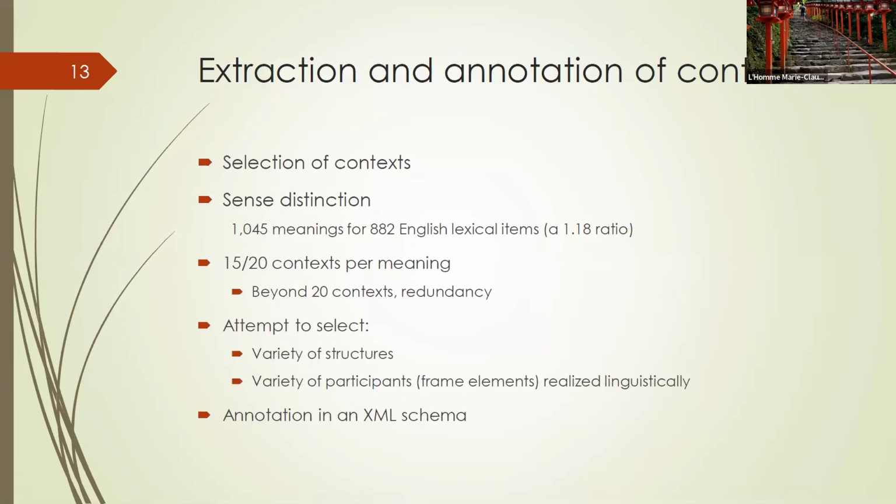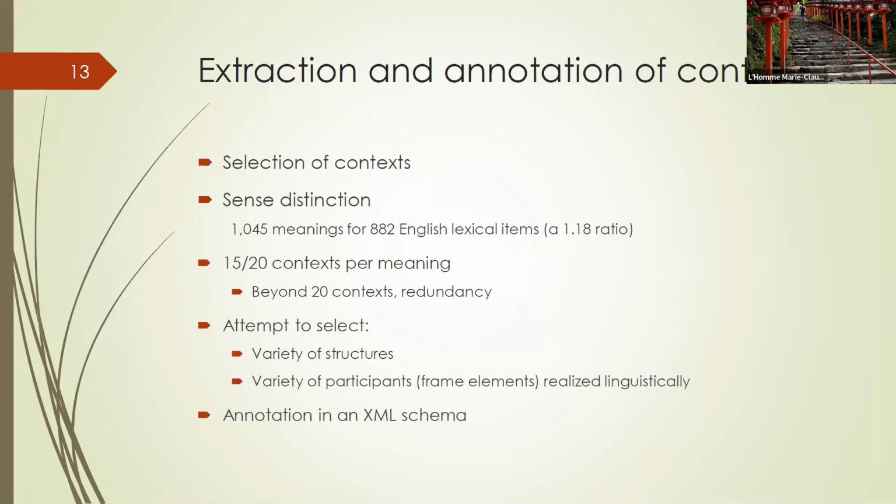Now the next step, once we selected the terms that will appear in our resource, we select contexts and annotate them. So at this stage, we will need to make meaning distinctions. Of course, polysemy is reduced in a specialized corpus when compared to a general one, but there is still polysemy in specialized corpora.